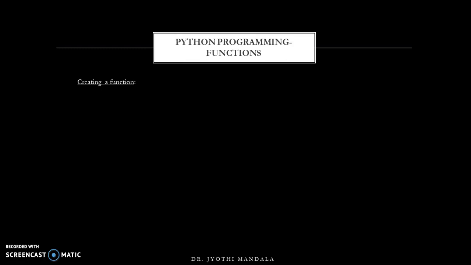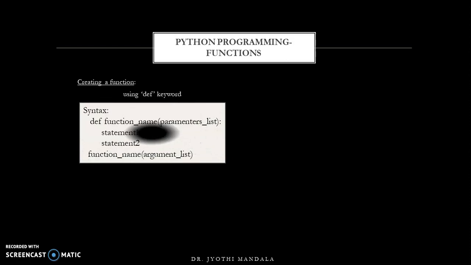Now how can a function be created? To define a function, to create a function, we need to use the def keyword. So this is the simple syntax. We need to start with the def keyword, then write the function name, whatever function name you want, then the parameter list, and by maintaining the indentation, we write all the statements.